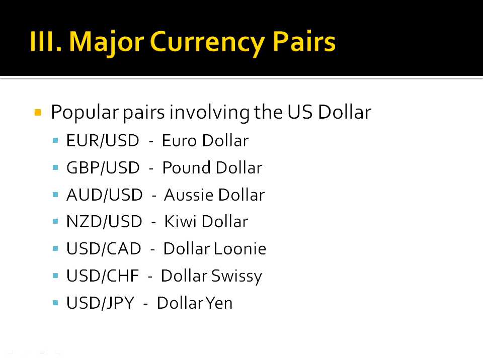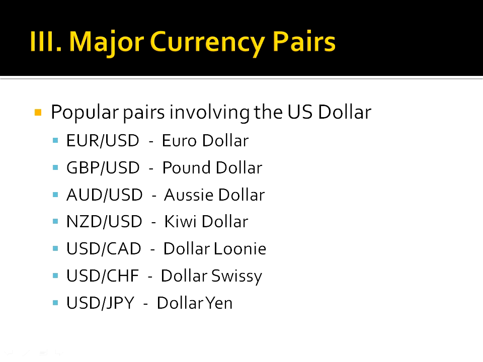And the major pairs will be the Euro USD, the GBP USD, the Australian dollar US dollar, the New Zealand dollar US dollar, the US dollar CAD, the US dollar Swiss franc, and the US dollar Japanese yen.